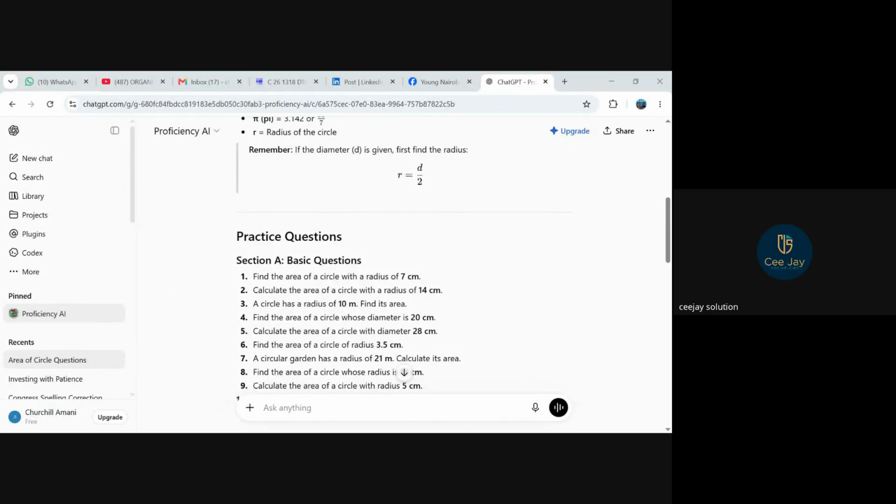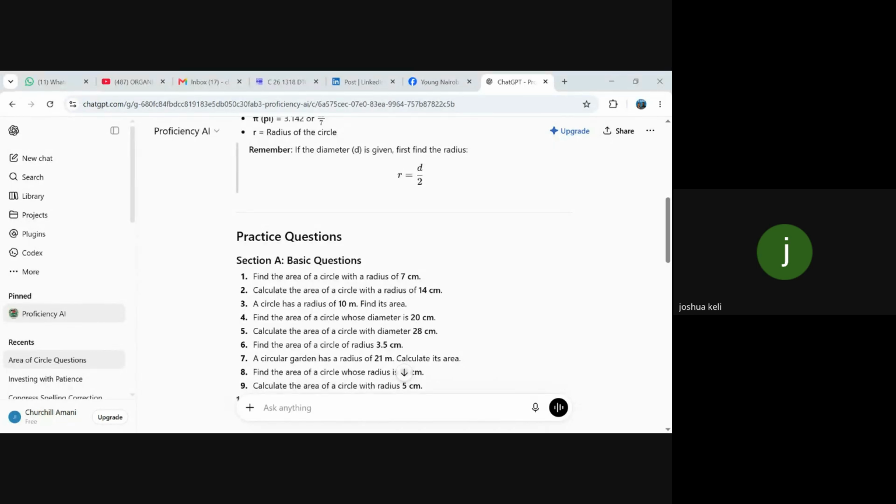Yes, thank you. Let us appreciate her. Thank you. We go now to question 5. Joshua, explain to us how you have been able to get your answer on question 5. Okay, question 5 says, calculate the area of a circle with a diameter of 28 centimeters.